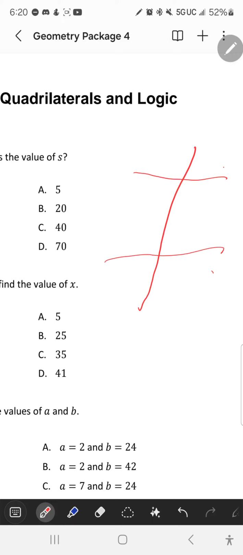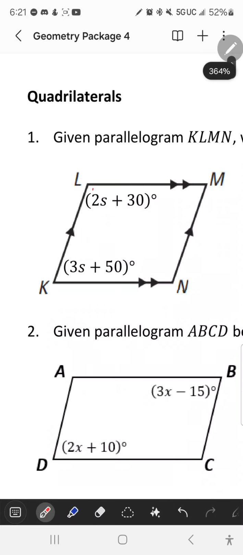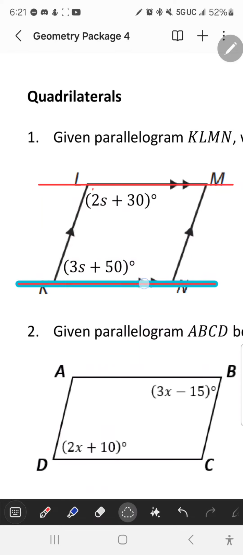If these two lines are parallel, then these angles are conjugate, these are corresponding, these are alternate, and the different varieties. So in this case, I have this side parallel, this other side parallel, and I can say this is the secant line.